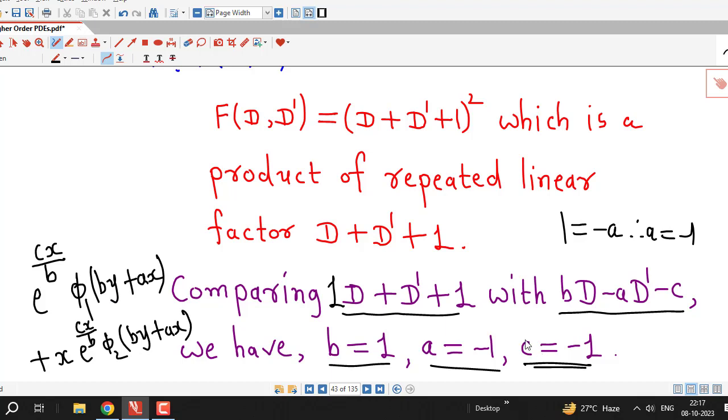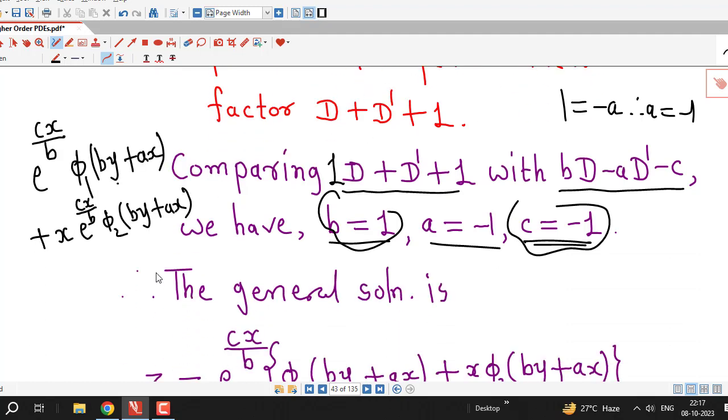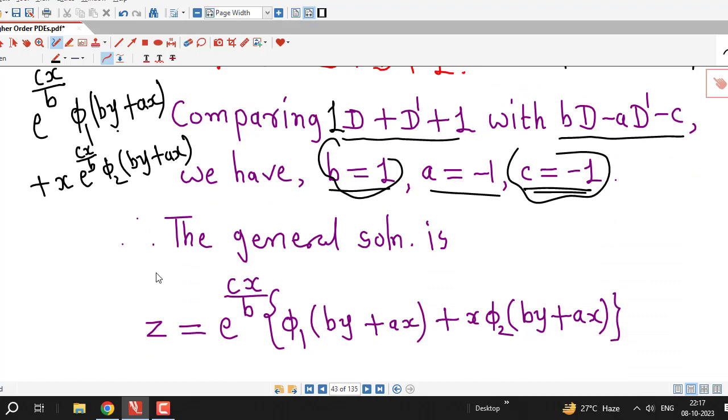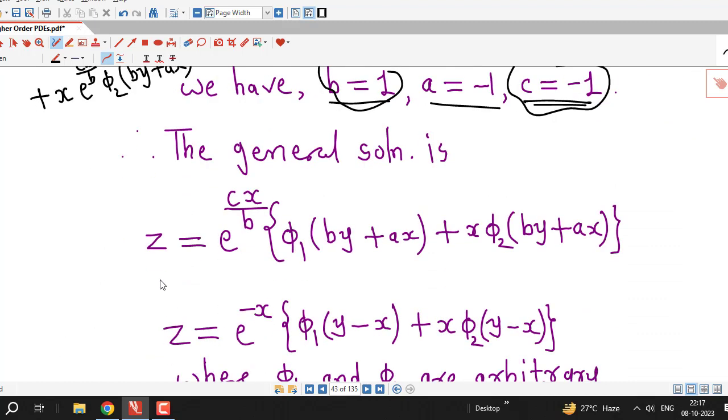So what is c over b? c is minus 1 and b is 1, that is e raised to minus x. Phi 1 of by, b is 1, that is y, and a is minus 1, so it is y minus x. So therefore the general solution is e raised to minus x arbitrary function of y minus x plus x times arbitrary function of y minus x.